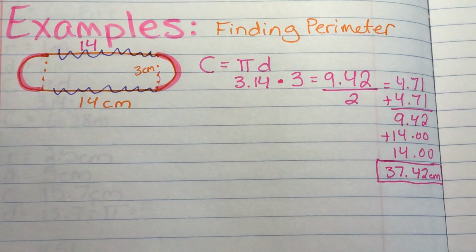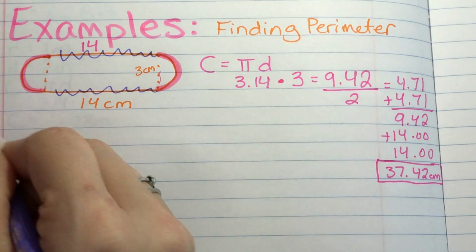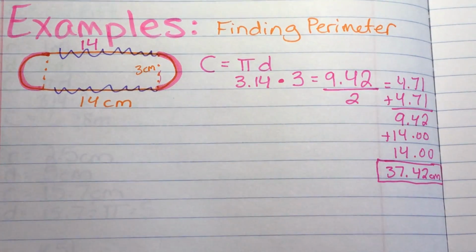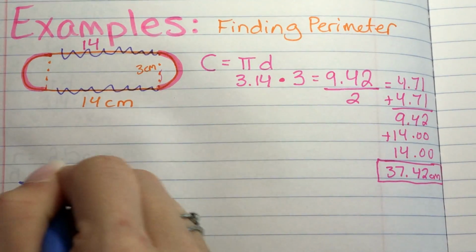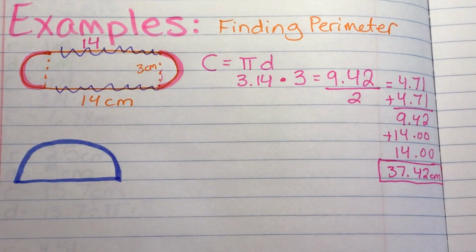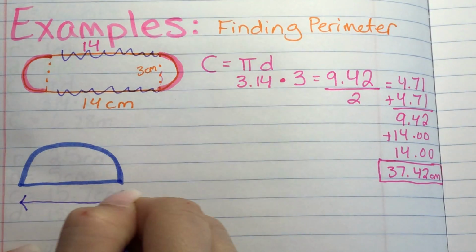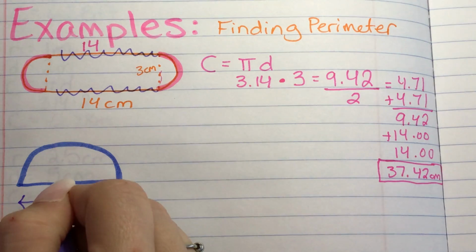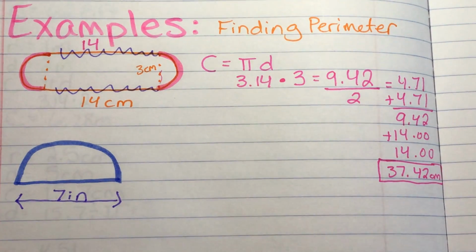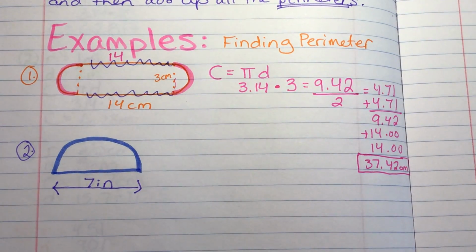All right, let's look at another one because this will start clicking in a minute. Number 2. If they give me a semicircle and all the information they tell me is this right here, I have to find circumference, yep.